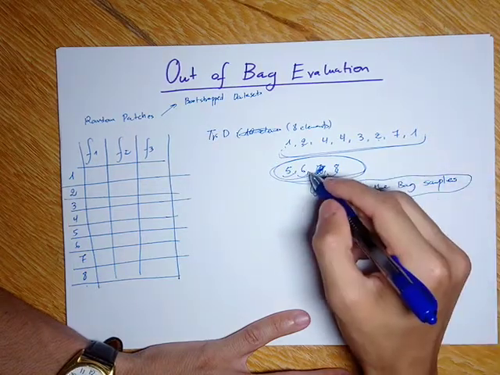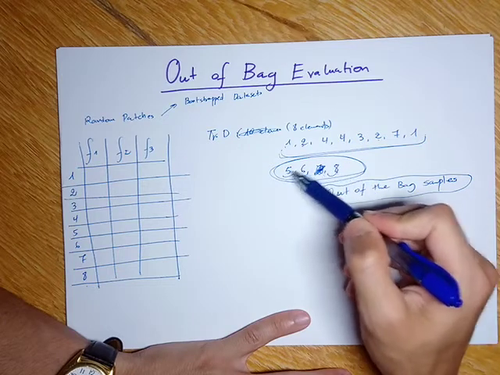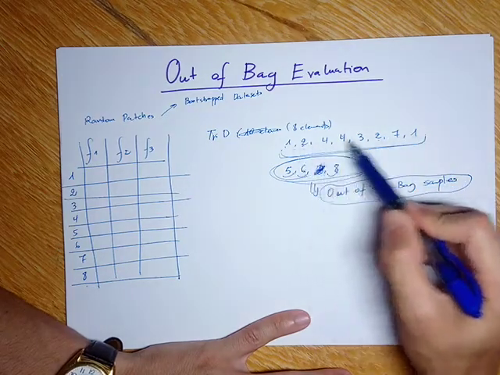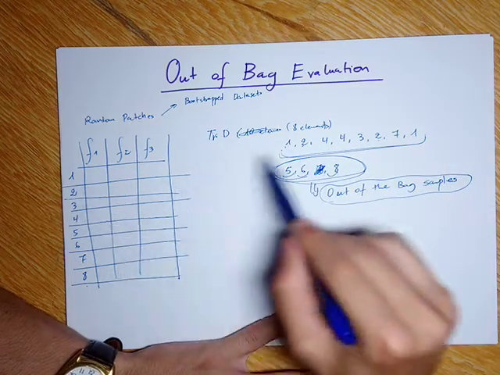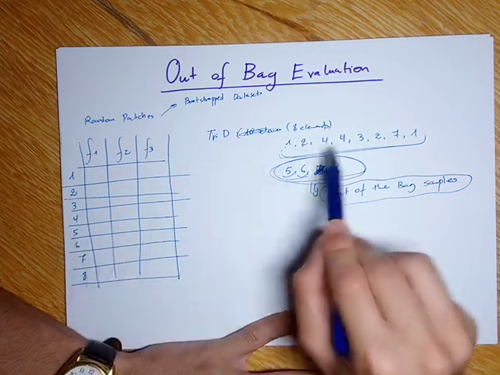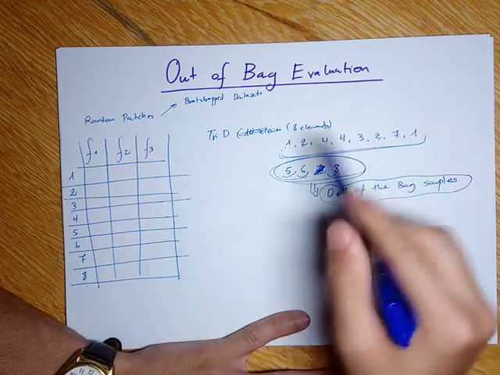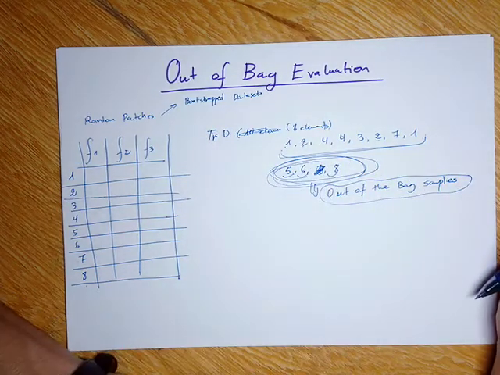Just let me check that out again. So 5 and 6 and 8 are not here. But 1 and 2 and 3 are here. 4 is also here. 6 is not here. 7 is here. 8 is not here. Right. So this is exactly my out-of-bag samples.